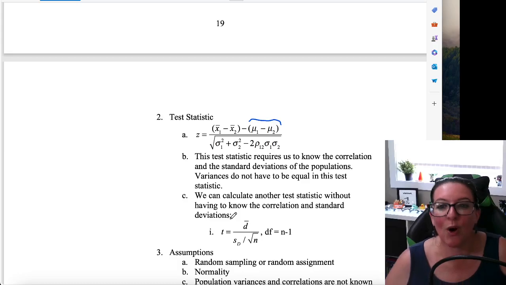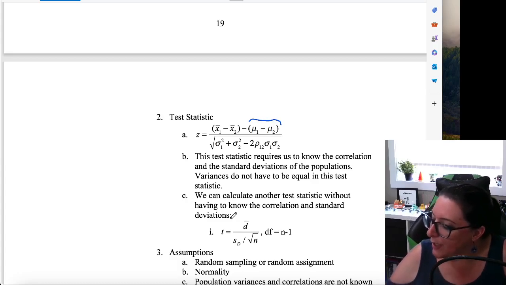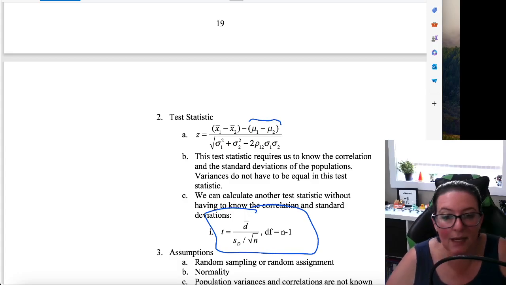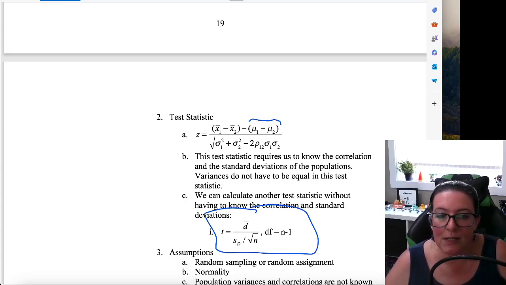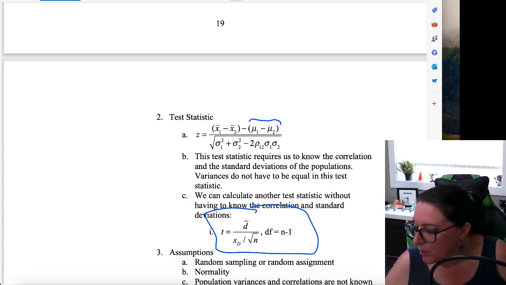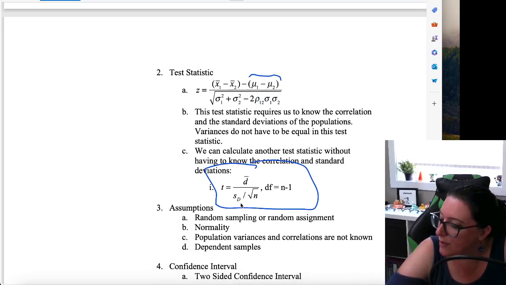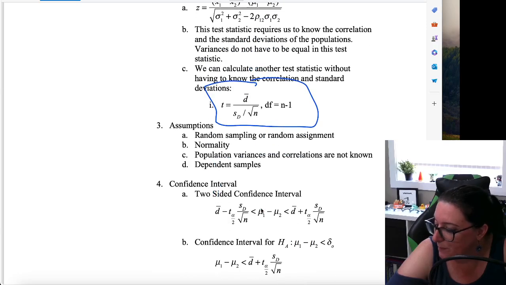So often we don't know a whole lot about the population at large, which is why we're doing this testing. So we're actually going to use this test statistic instead. It doesn't require you to know the correlation or relationship within the population. It doesn't require you to know sigma within the population.